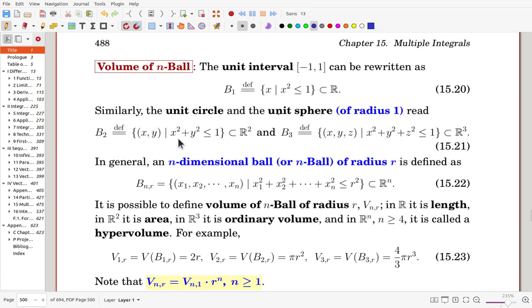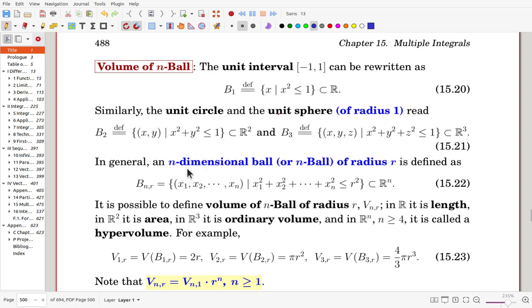B2 is the unit disk, which is the set of points (x, y) such that x squared plus y squared is bounded by 1. And B3 is the unit ball, which is the collection of points (x, y, z) such that the square sum is bounded by 1.